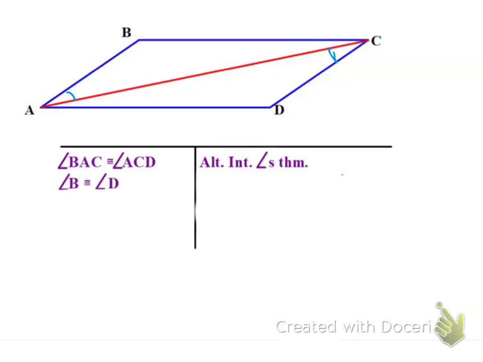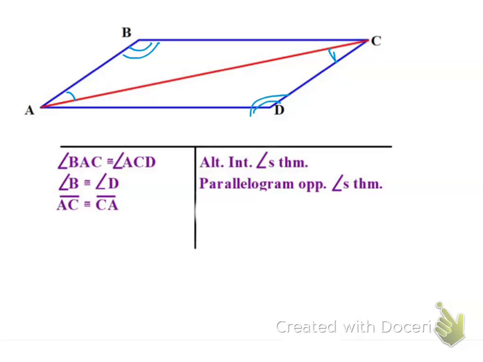I know that angle B is congruent to angle D. How do I know that? Because, as we just said, opposite angles are congruent, by the parallelogram opposite angles theorem. And looking at these two triangles that I have here, segment AC in one triangle is congruent to segment CA in the other triangle.